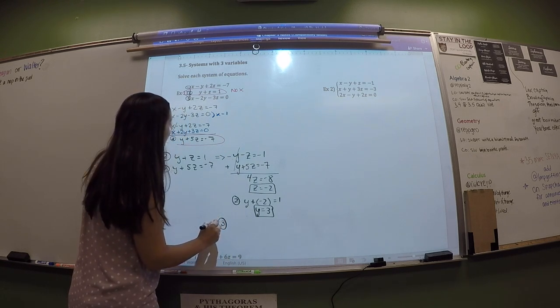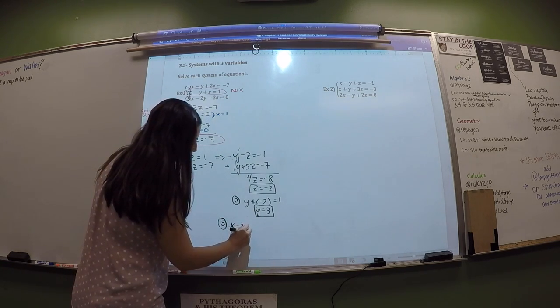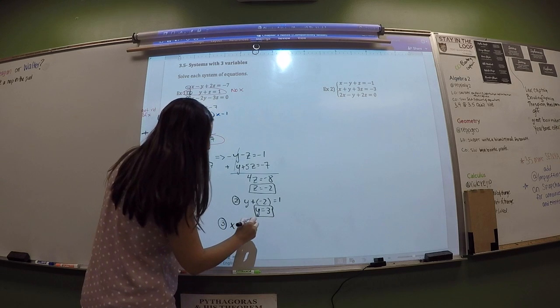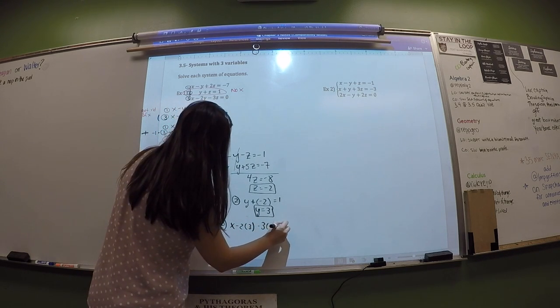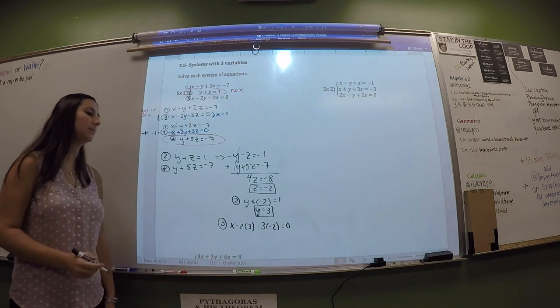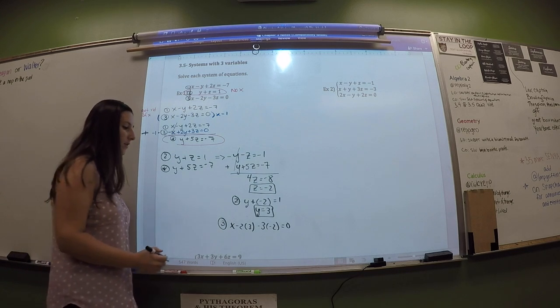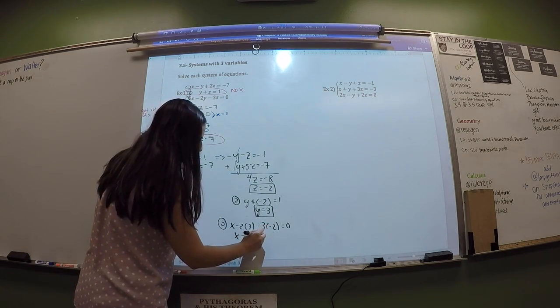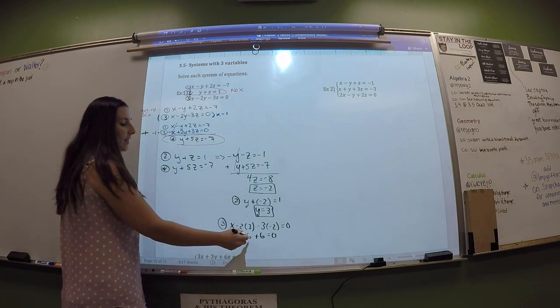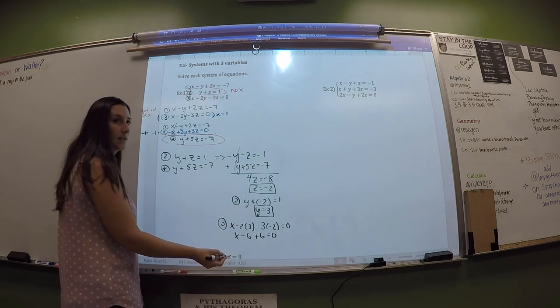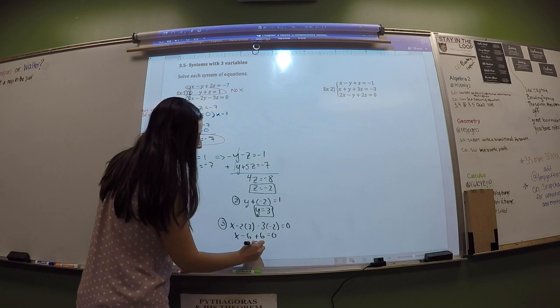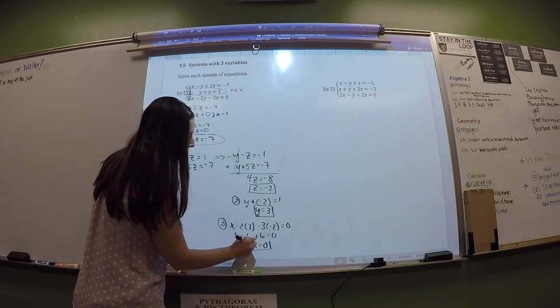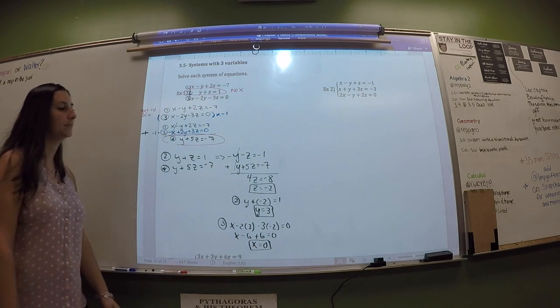So 3 is X minus 2Y minus 3Z equals 0. So we got X minus 6, this is going to be a plus 6, equals 0. What's negative 6 plus 6? 0, so you just get X equals 0. Voila.